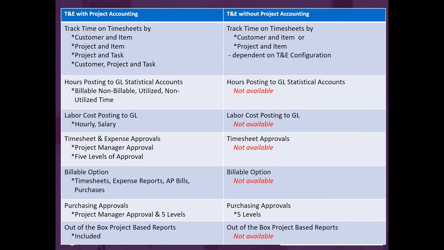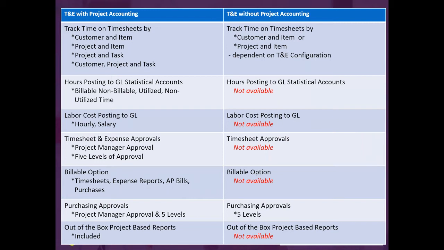So we have the ability to capture timesheets against customers, items, projects, tasks. We have statistical reporting on all of our billable time and hours. We've got labor posting, approval process, billing through AP, through the timesheets, and through the purchases, approvals, and we have a host of built-in reports.